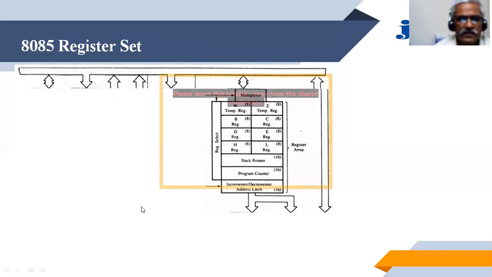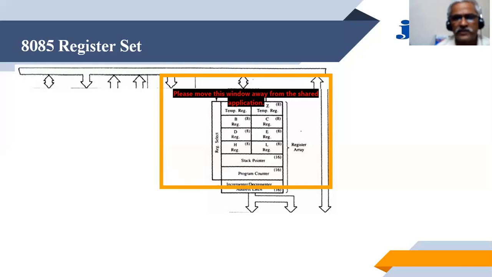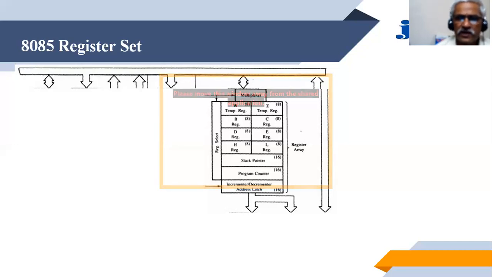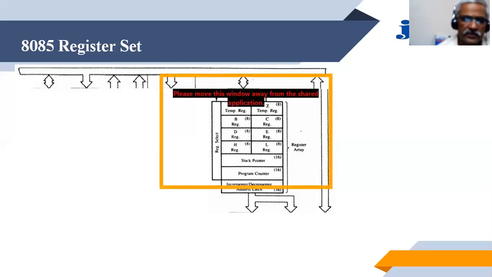Likewise, during the execution of an exchange operation, you require a third operand when you write the program, but internally, with the help of the W and the Z registers, the exchange of the two operands will take place. Therefore, these two registers are not required to be programmed in any way by the programmer, but for operations like exchange and call, these registers will be automatically used by the microprocessor.